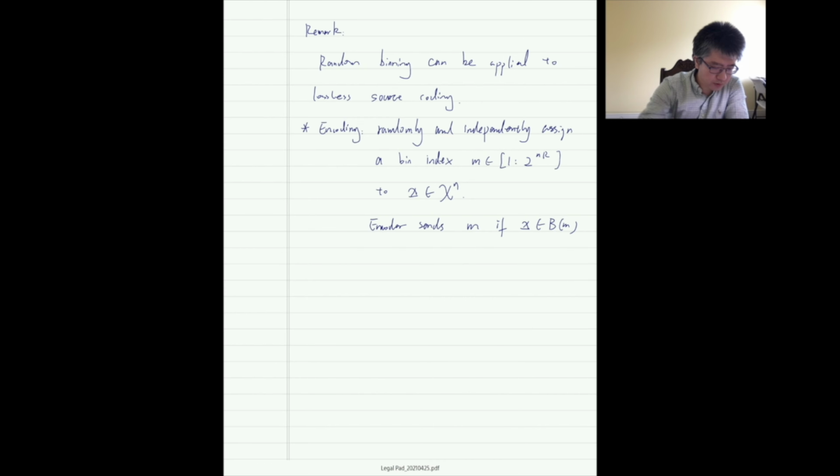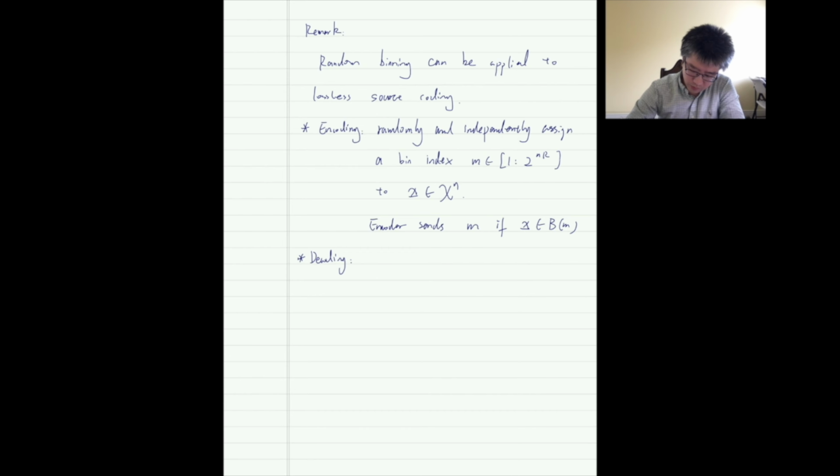All right, very good. And for the decoding part, it's also identical as before, but now we only receive one bin index. So the only thing we need to do is find the unique symbol that is in the joint typical sequence, and we're done.